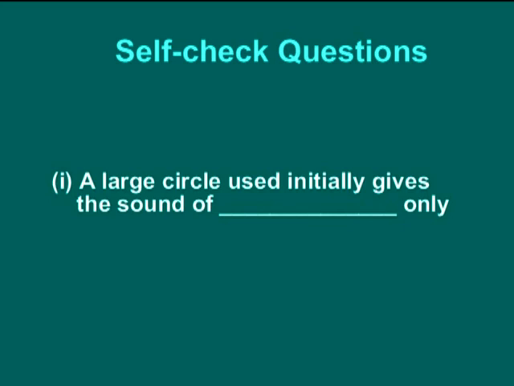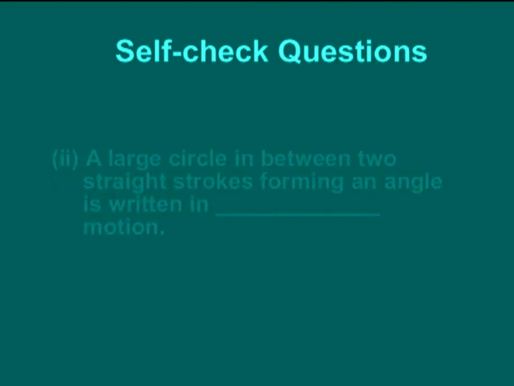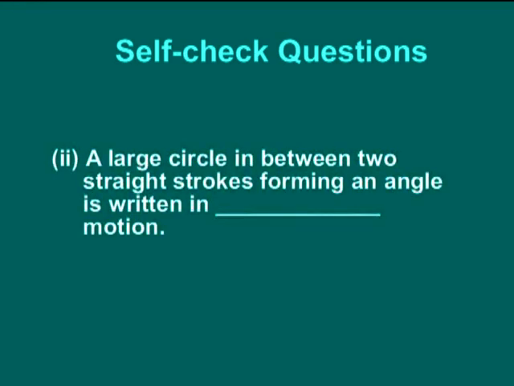Now let us test what you have grasped till now by answering the following questions. Fill in the blanks. A large circle used initially gives the sound of dash only. A large circle in between two straight strokes forming an angle is written in dash motion.